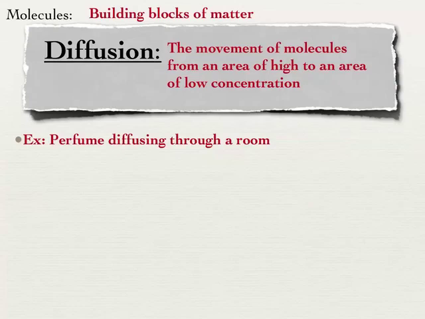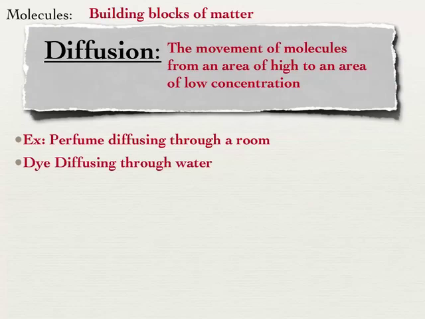Those molecules, when he sprayed his perfume, that little plunger bottle thing, there was a tightly packed little clump of those perfume molecules. But they diffuse throughout the room. You can actually smell it on the opposite side of the room. He likes his perfume, so that's okay.